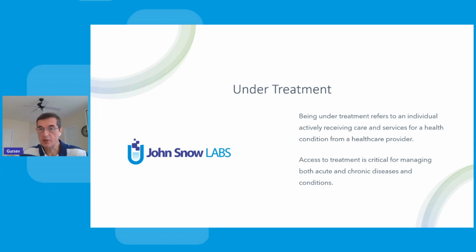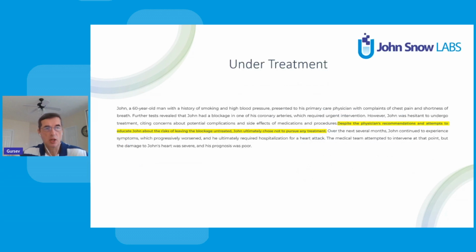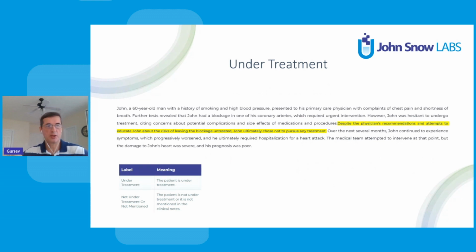It's critical, as shown on the screen, for managing both acute and chronic diseases and conditions. This time the text is shorter, and again there are two labels only. The model is going to decide if the person is under treatment or not under treatment, or it's not mentioned in the text at all.